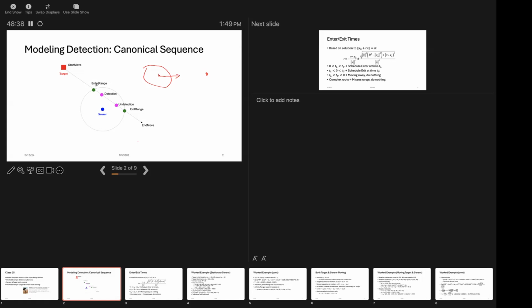If I can model the time between when I've entered the range and the time when I detected it, then I can start having something useful in our discrete event model. For a cookie cutter, that time is 0.